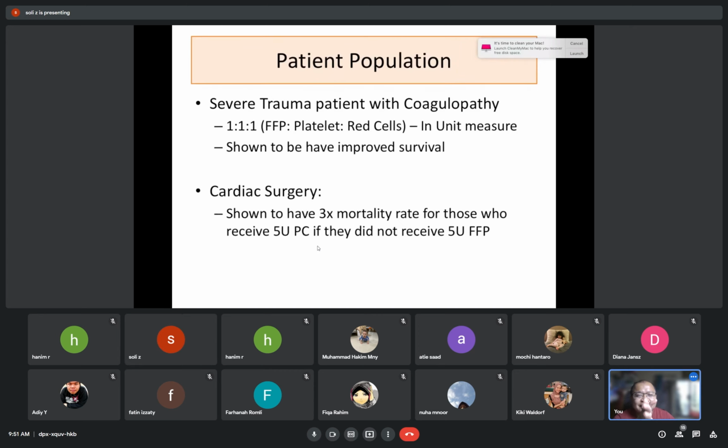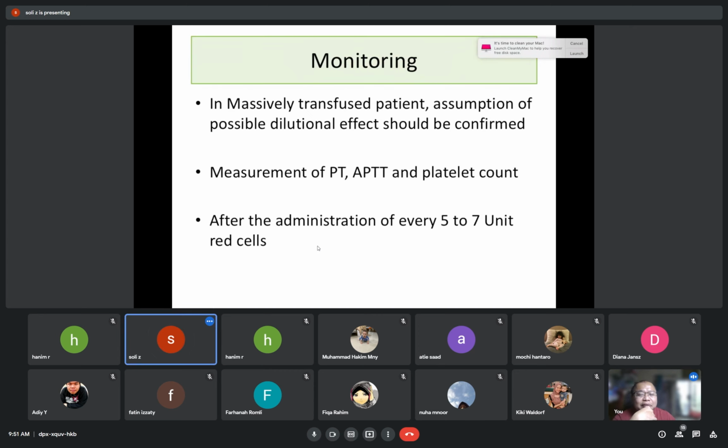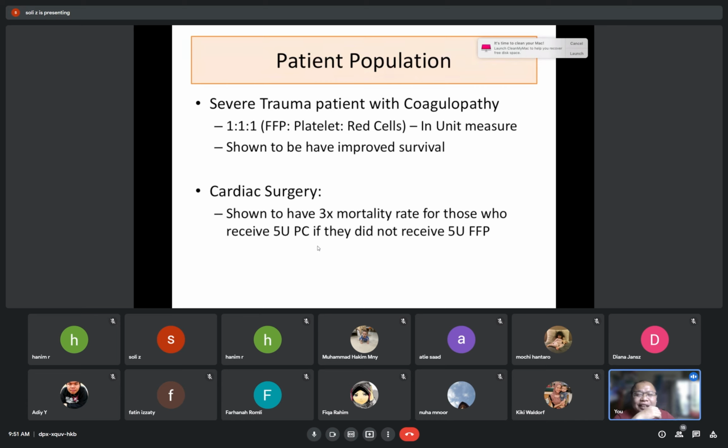Solihin, just go back to the previous slide. You just glossed over the 1:1 ratio. Can you explain a little? So we transfuse FFP in severe trauma patients with coagulopathy. We transfuse one unit of FFP, in ratio to one unit of platelet, in ratio to one unit of packed cell.